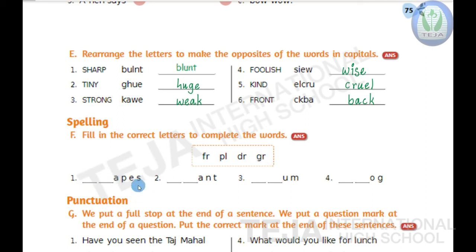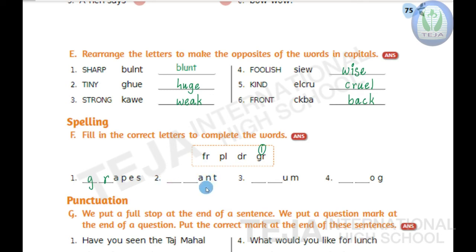Okay. So here the letters in the box are FR, PL, DR, GR. Now first one is dash dash APES. So the word is grapes. GRAPES. Grapes. Second one dash dash ANT.